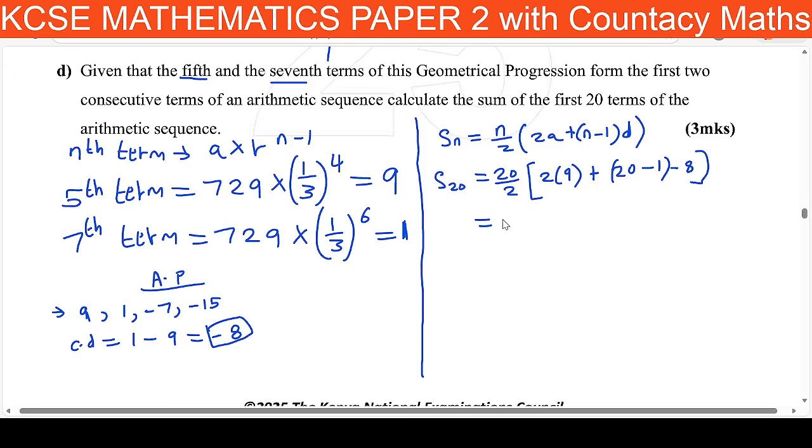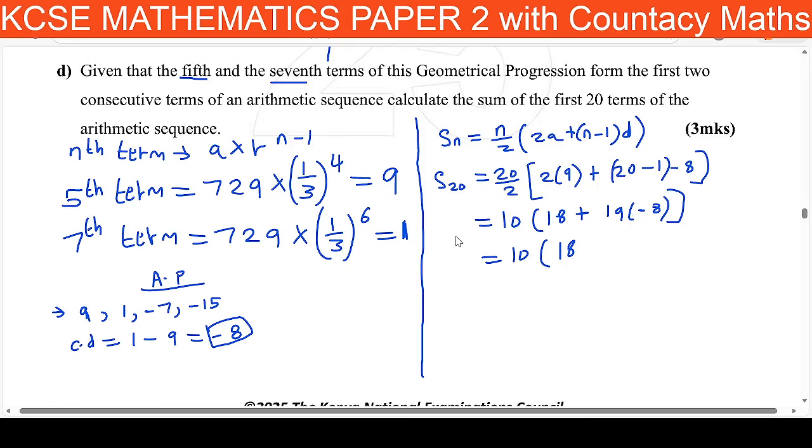Okay, let's go ahead and simplify this. 20 divided by 2, that's 10. 9 times 2, that's 18. And then we have plus 20 minus 1, that's 19, multiplied by -8, like that. So finally we have 10 and then 18. Definitely here we are going to get a minus something. Therefore it's 19 multiplied by 8.